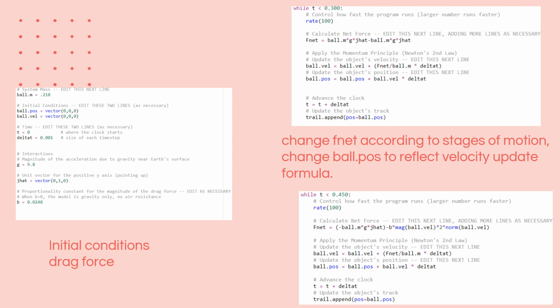On the right-hand side here shows the while loops that I use to simulate the motion, which for the top section, while the slinky is not moving, basically cancels out. F net equals ball times mg j hat minus ball times g j hat, which is 0, to show constant motion.